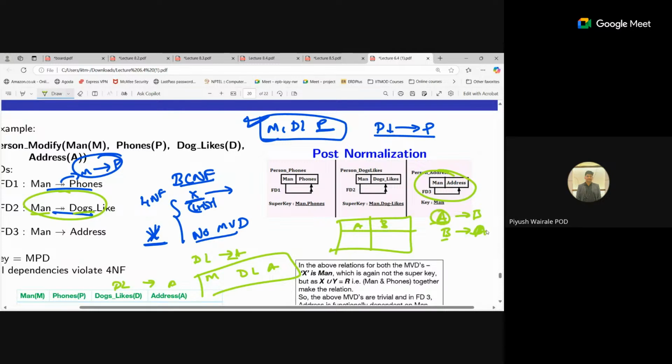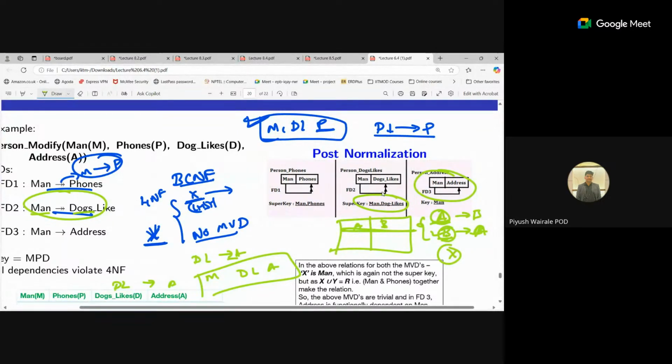If B determines A is there, B will be a key. If both are there, then A and B both are keys. But if there is no FD, then it will be a composite key. If neither is present, then the composite will be a key here. That's why we have made the composite key here.